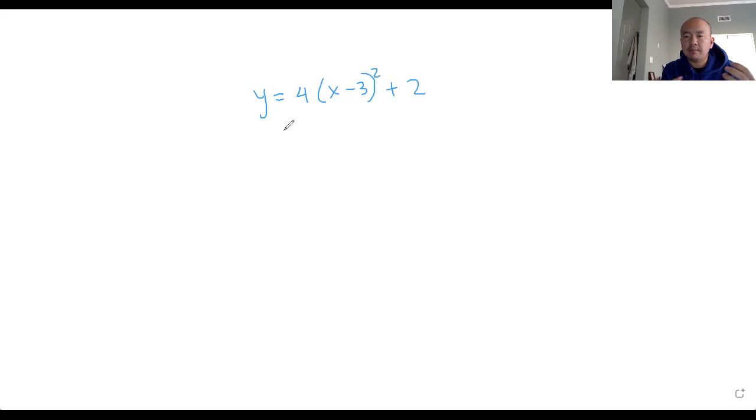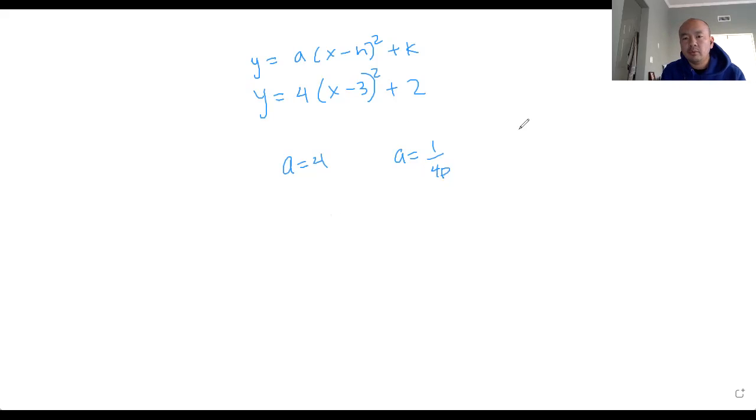You have to try to manipulate it so you can get different forms. Remember that we had it this way, where y equals a times x minus h squared plus k, and a is equal to 4. But remember before that we had a equal to 1 over 4p, correct?